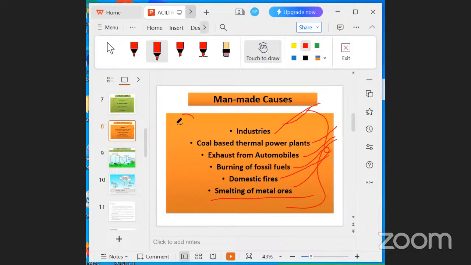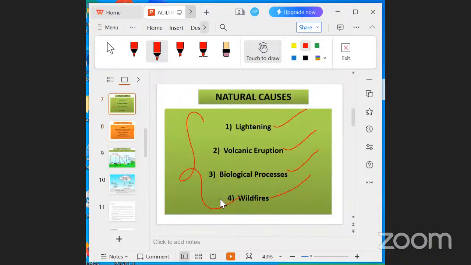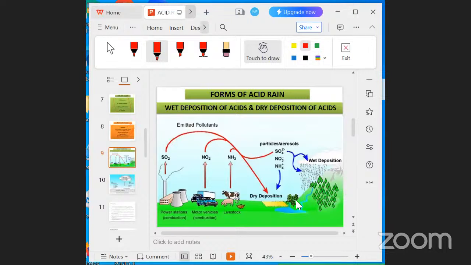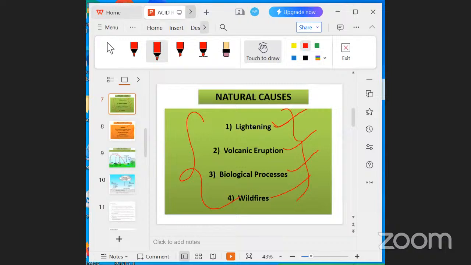These are the man-made causes and those are the natural causes, right? In this, what is lightning?